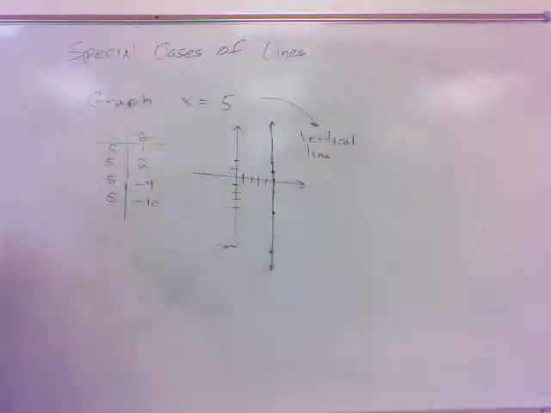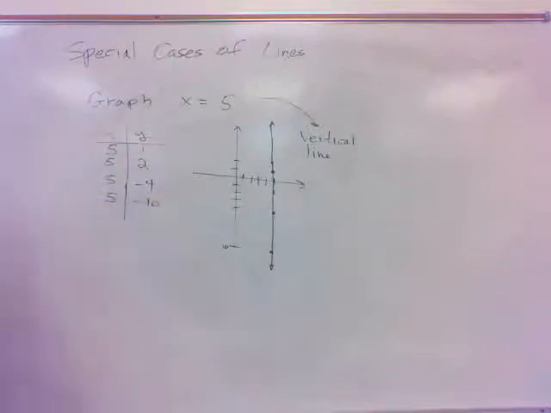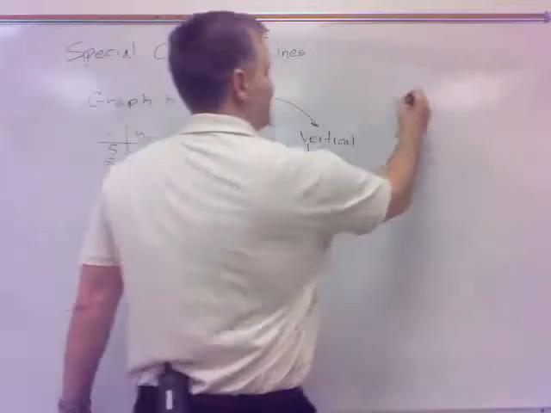X equals a number, x equals 5 in this case, is the vertical line that goes through the x-axis at 5. Okay? Now, knowing that, what do you think x equals -3 is going to look like?